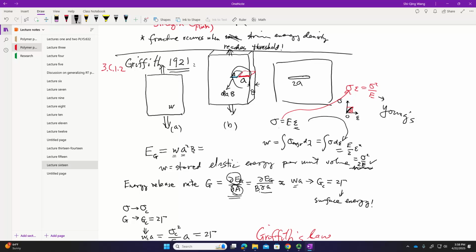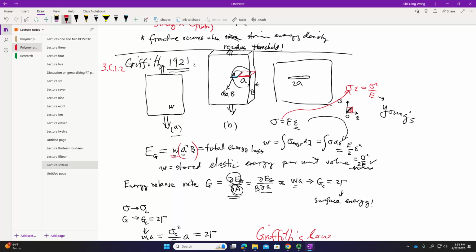Remember I said from going from A to B, you would have lost this much energy. So this is the total energy loss if you were to create a cut of size A. Otherwise, this volume would contain how much energy?